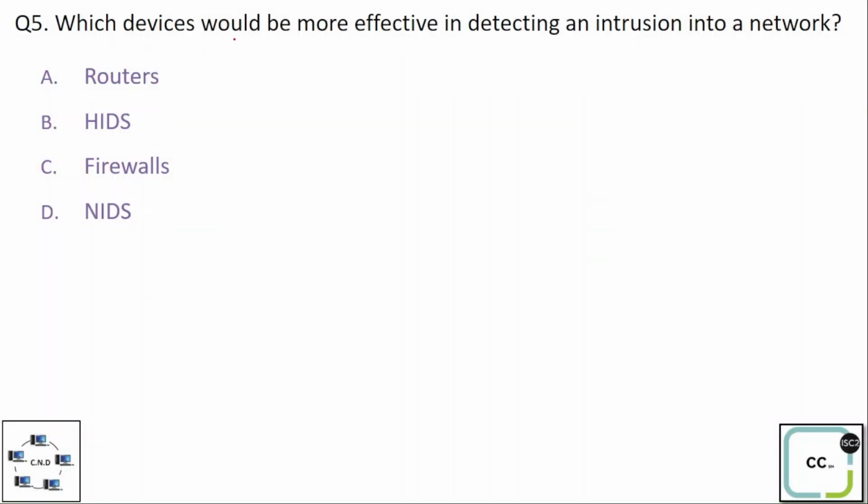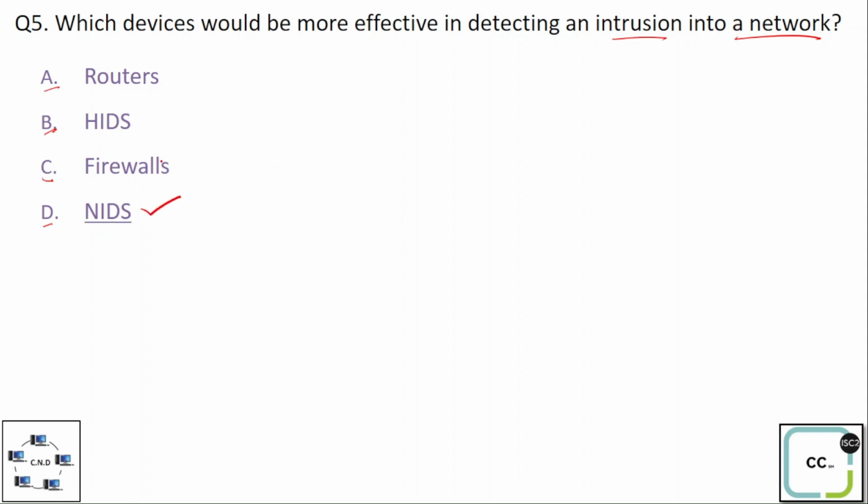Question number 5. Which device would be more effective in detecting an intrusion into a network? And the options are option A, routers, option B, HIDS, that is host-based intrusion detection system, option C, firewalls, and option D, NIDS, network intrusion detection system. And the correct option is NIDS.